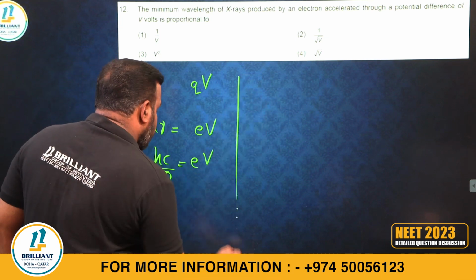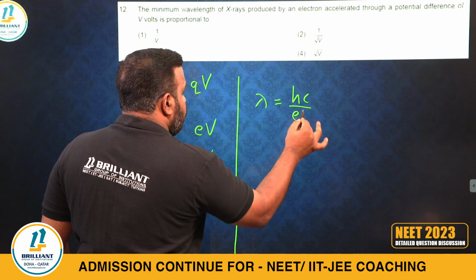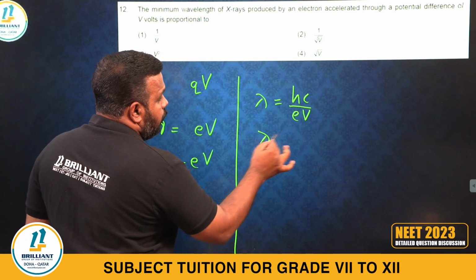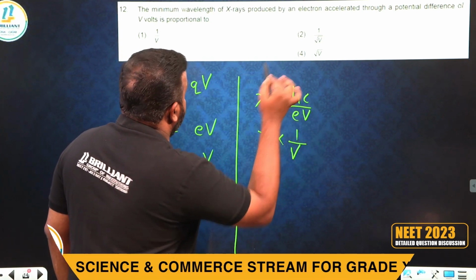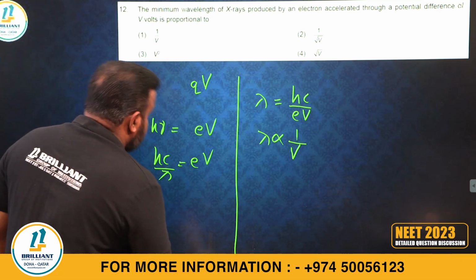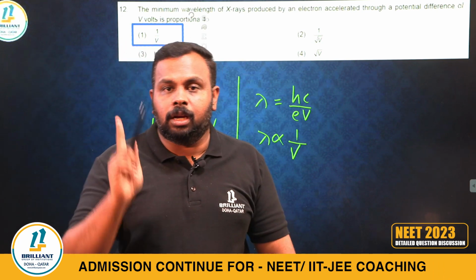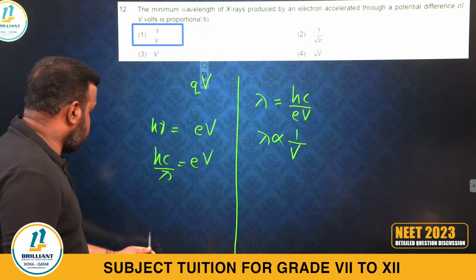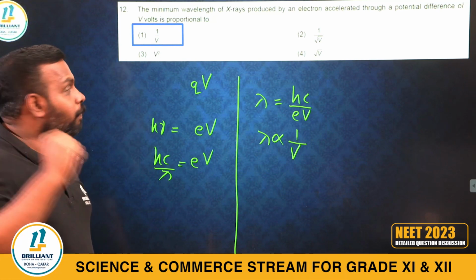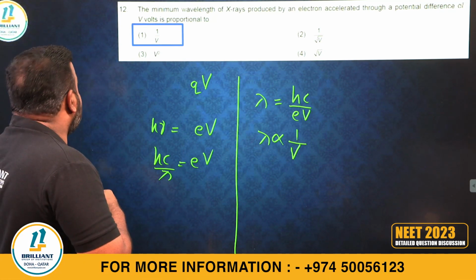So lambda is equal to hc by eV. That means lambda is inversely proportional to V, or directly proportional to 1 by V, isn't it? So inversely proportional to V means the answer is option 1. Option 1 is the right answer. Okay, clear. So this is from which chapter? Dual nature. Question number 13.